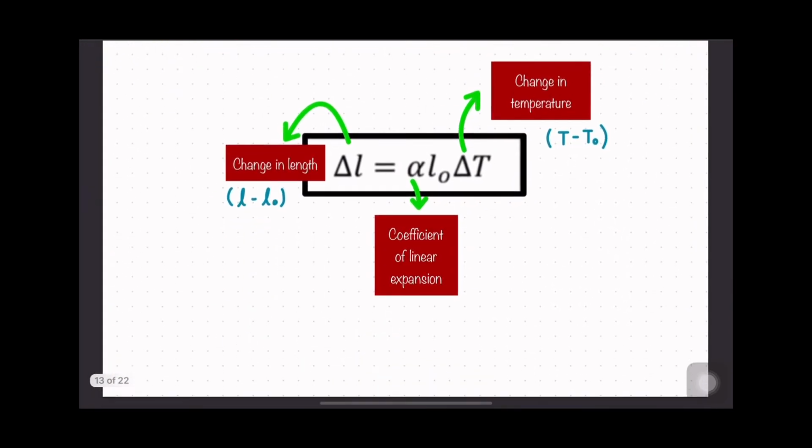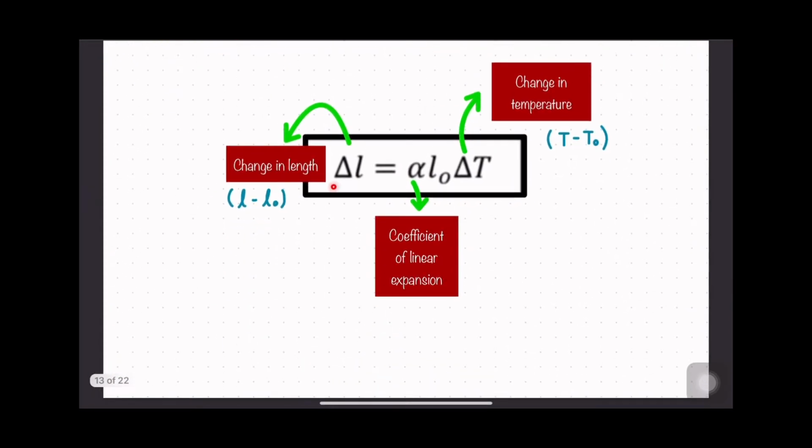Okay, so the equation related to this linear expansion is: delta L, the change in length, is equal to the coefficient of linear expansion times the actual length L0 times the change in temperature. The change in temperature is actually T minus T0. It doesn't matter whether in Kelvin or in degrees Celsius, because the change in temperature is also calculated as the difference between them.